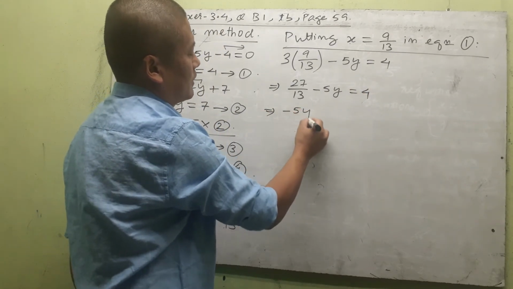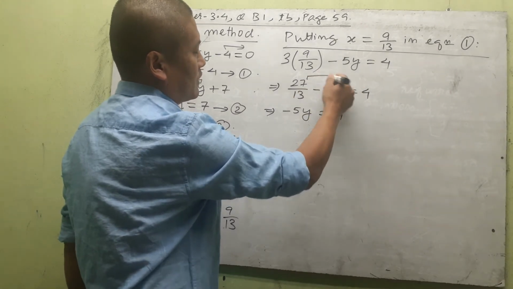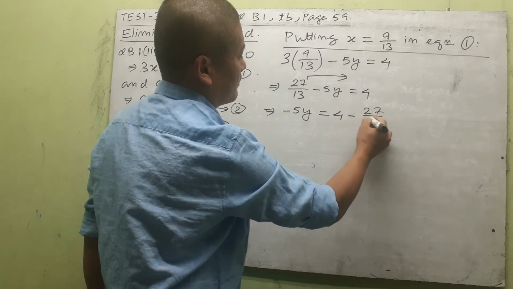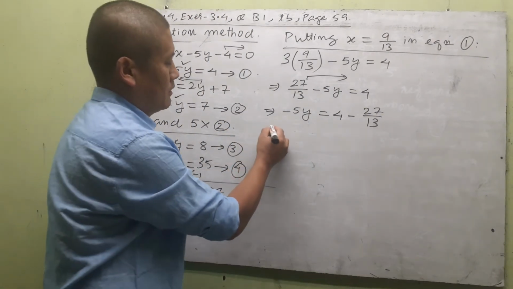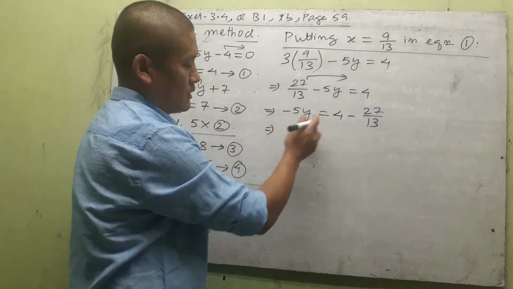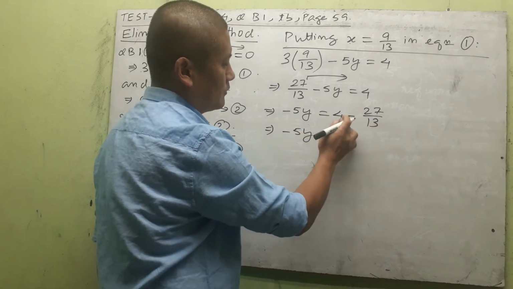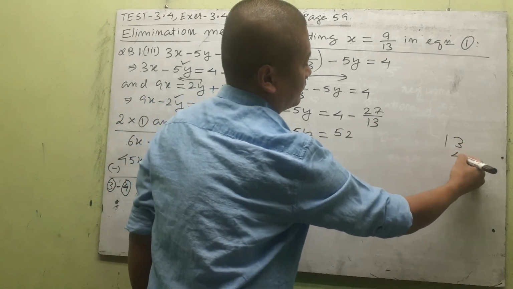So take the term containing y on one side, and shift every number to the other side. Plus, no sign means plus, will go to the other side as minus 27 by 13. Next, you cannot cancel this minus and minus now, we have to solve it first, right? Minus 5y is equal to 4 into 13 is 52, as we can see here.